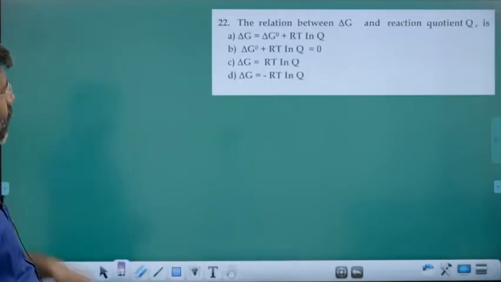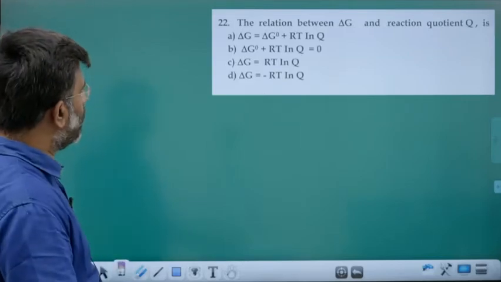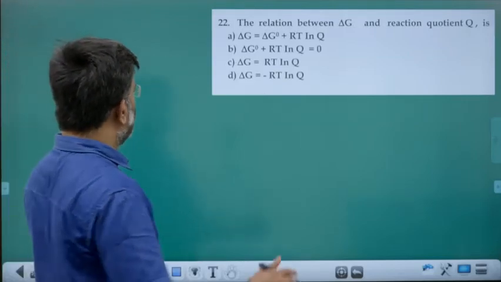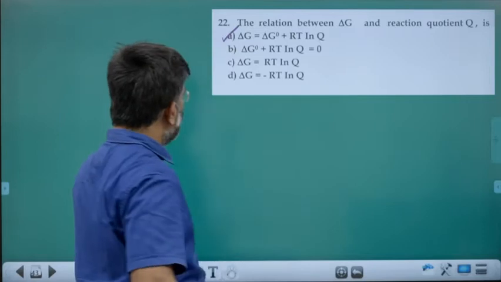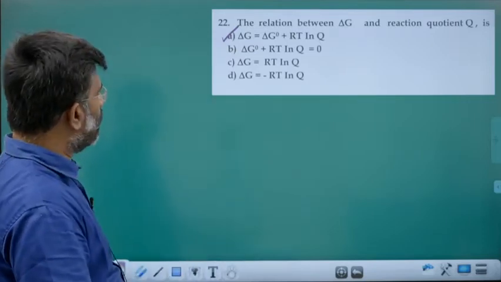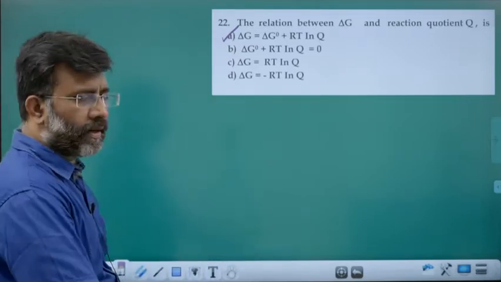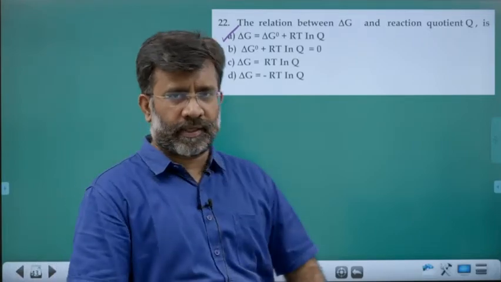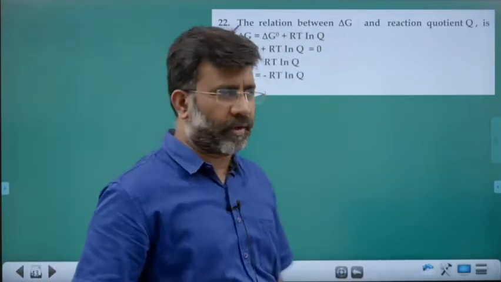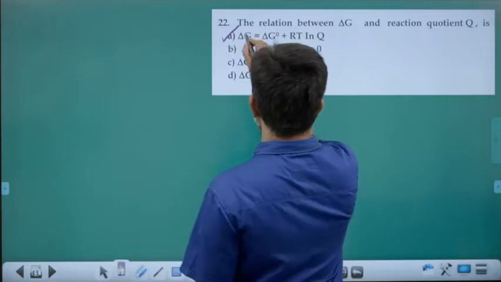The relation between delta G and the reaction quotient is one equation given in the NCERT. Delta G is equal to delta G naught plus RT log Q. And at equilibrium, this will become 0.